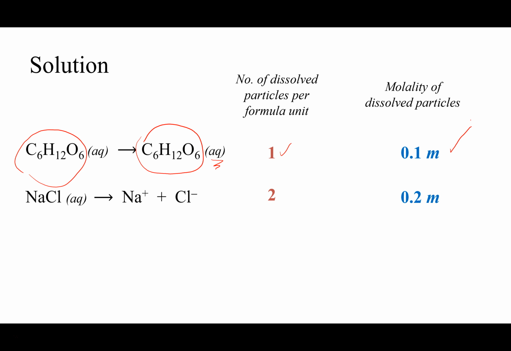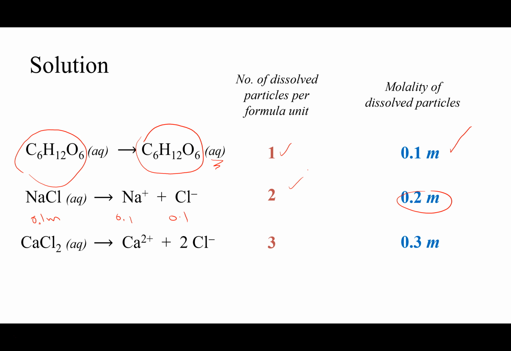Well, check this out. If we have 0.1 molal of this, and 0.1 molal of this, notice the effective molal is 0.2, right? What about calcium chloride? Of course, subscript 2 reminds us that 2 chloride ions will be formed when this dissociates, and just one calcium cation.